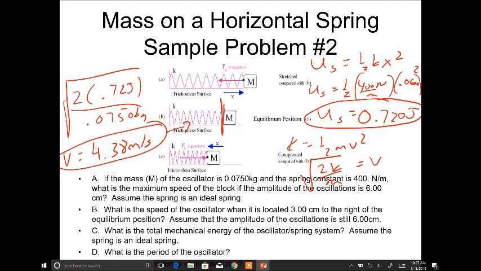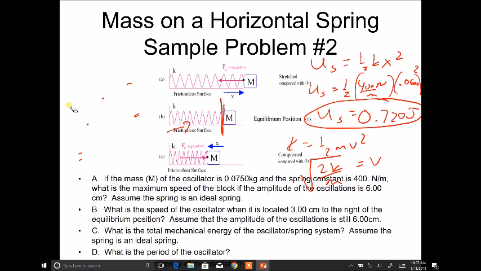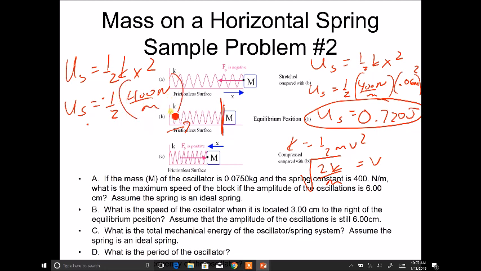So to find the speed at 3 centimeters of displacement, first of all, we need to find out how much potential energy the object has at that location. So we're going to use U_s equals 1/2 kx squared. Again, our k is 400 newtons per meter, and our x here is going to be 0.03 meters, squared. So let's do the math.